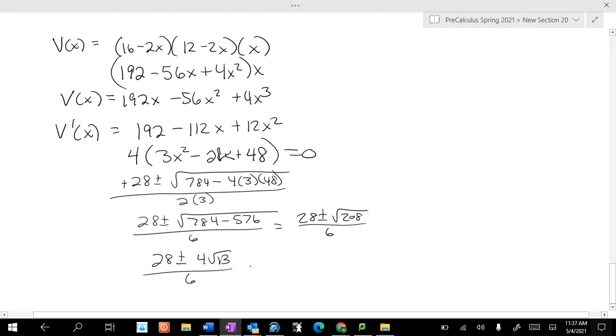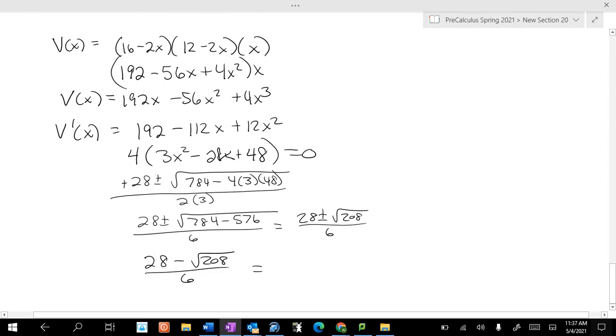Let's just figure out a decimal here. Adding never works for these, does it? No. So it's 28 minus the square root of 208. Figure out what that is, and then divide that by 6.